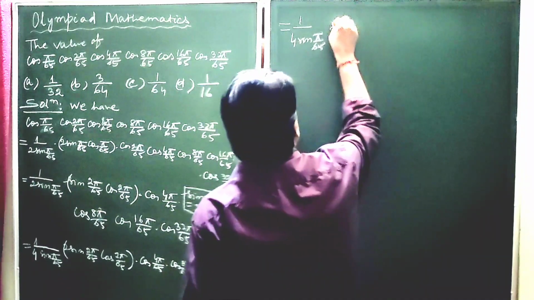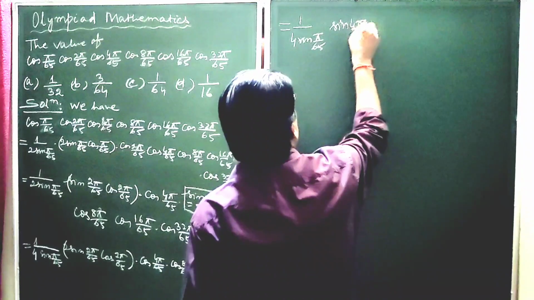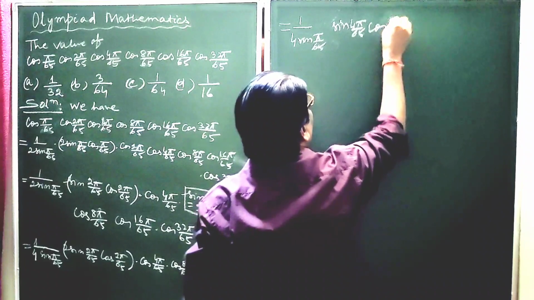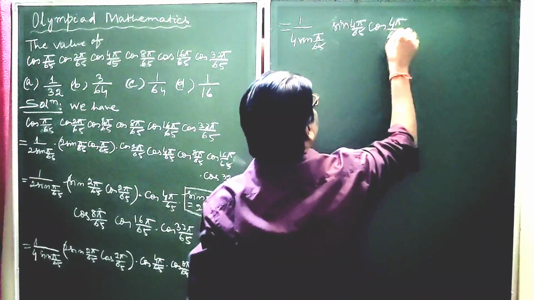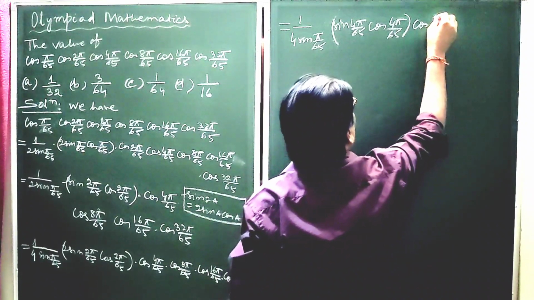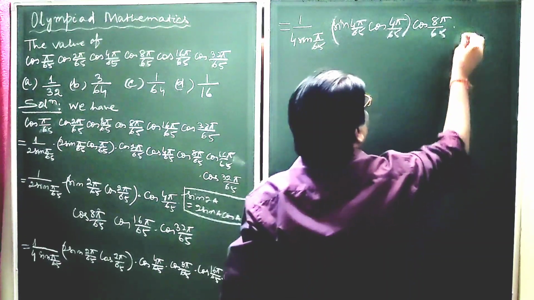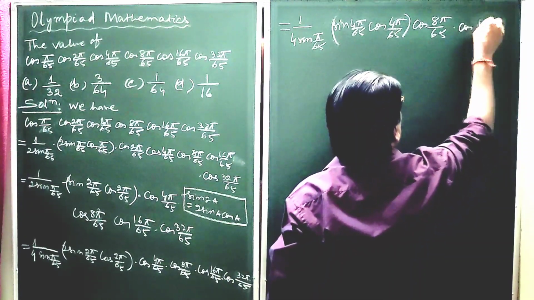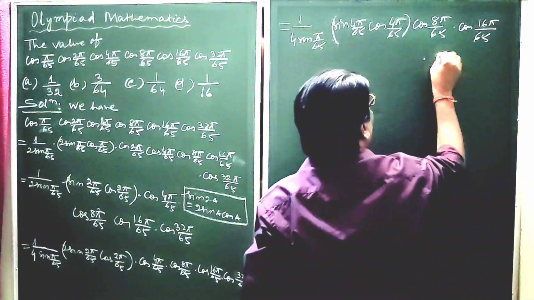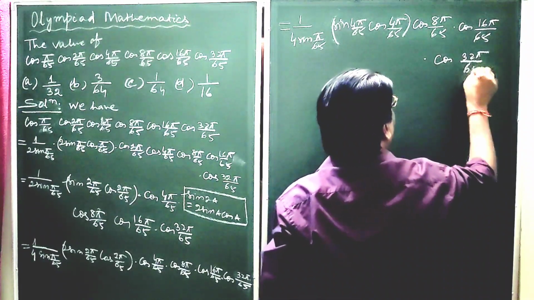This will be sin 4 pi by 65 into cos 4 pi by 65 into cos 8 pi by 65 into cos 16 pi by 65 into cos 32 pi by 65.